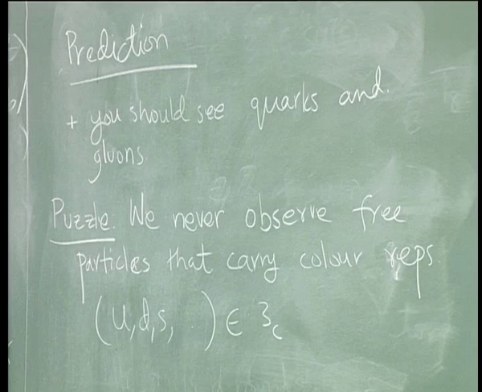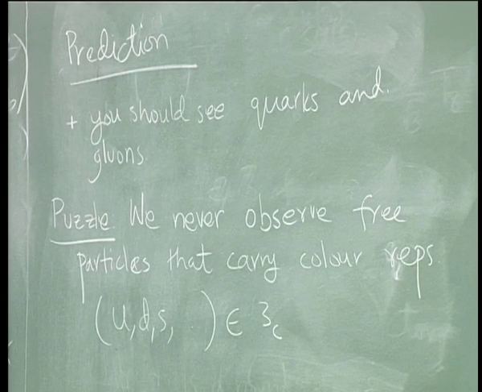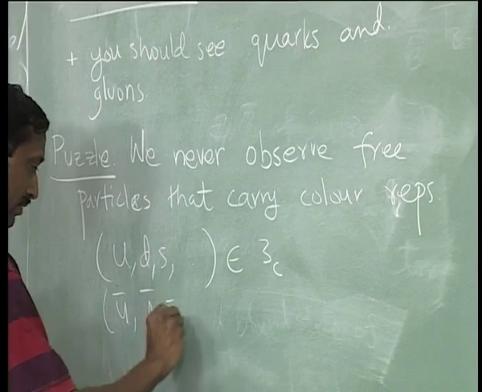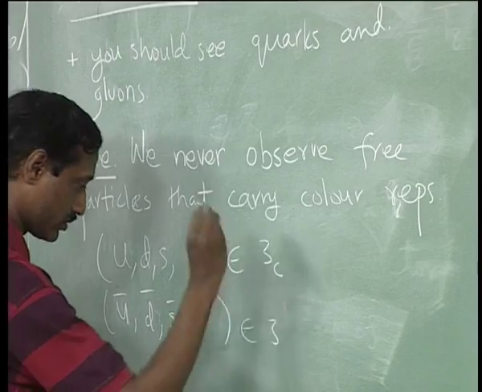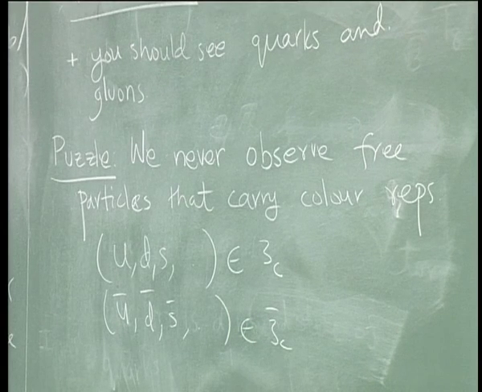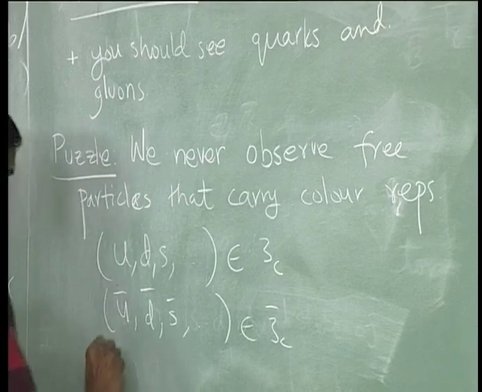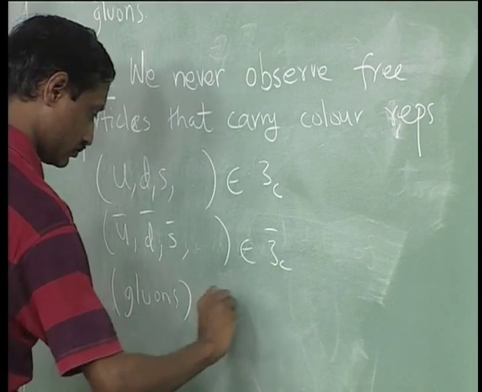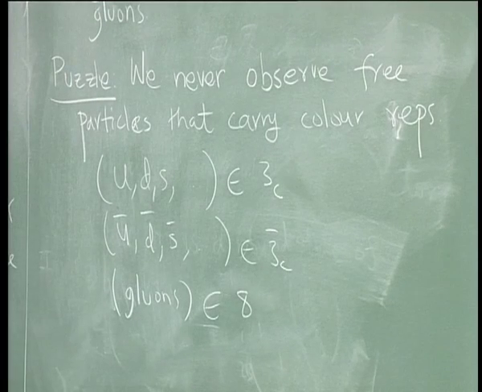Okay, it is different from saying put UDS as a multiplet that belongs to 3 flavor. And U bar, D bar, S bar, of course, also belong to 3 bar C. And gluons belong to the 8, in the adjoint.